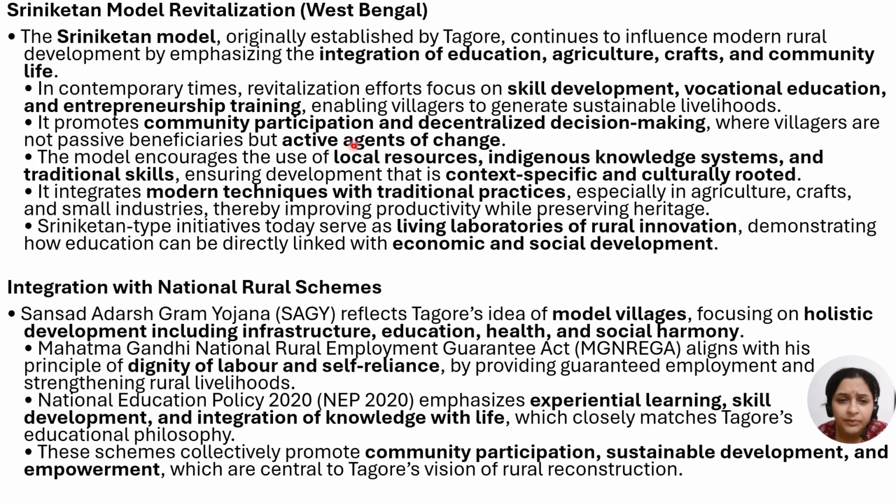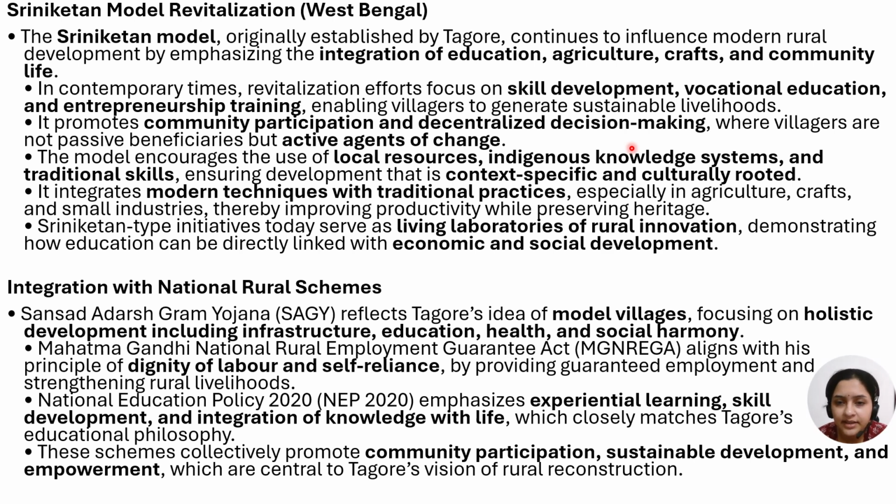It promotes community participation and decentralized decision making. As I have already said in the previous chapter, decentralization means the central government, or any central agency, will shift its power to the local bodies in order to empower those local bodies.